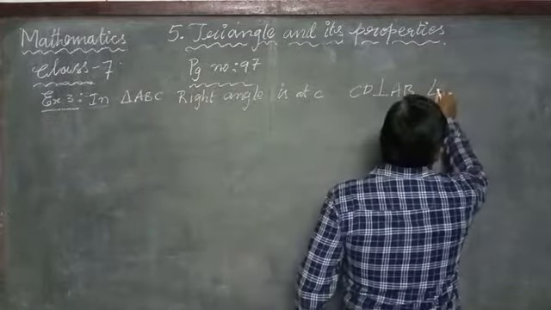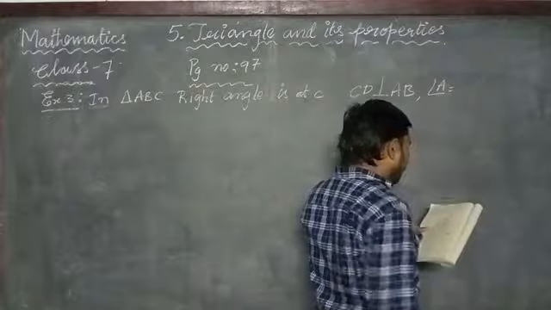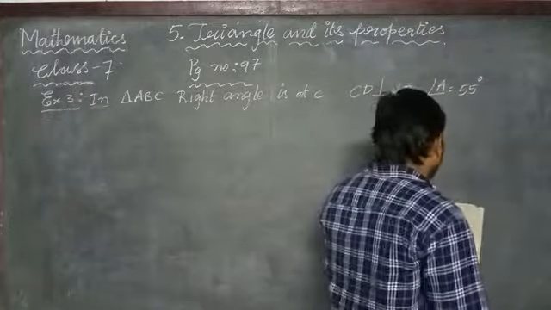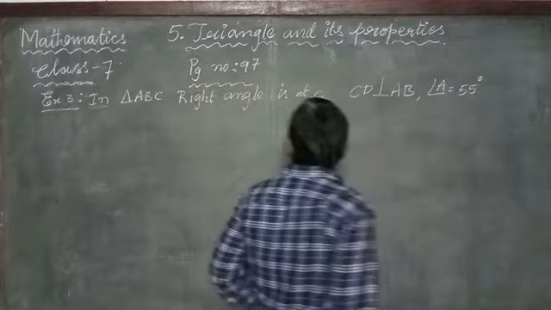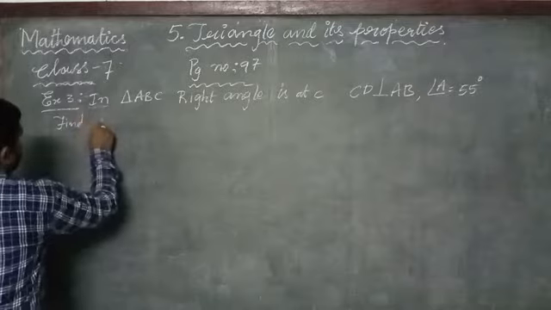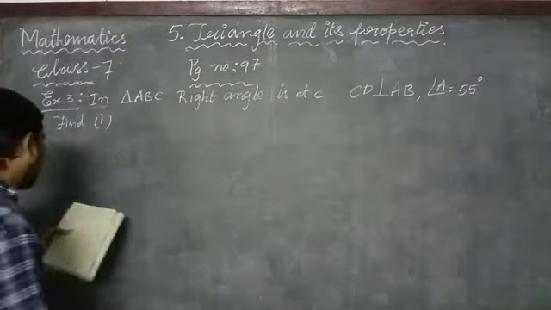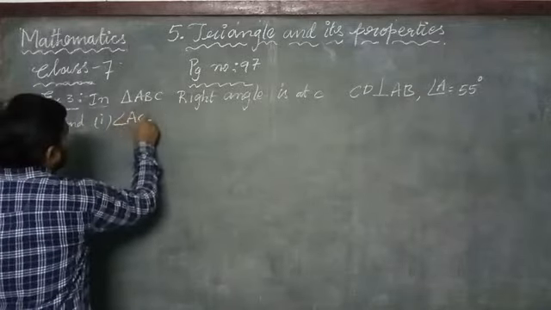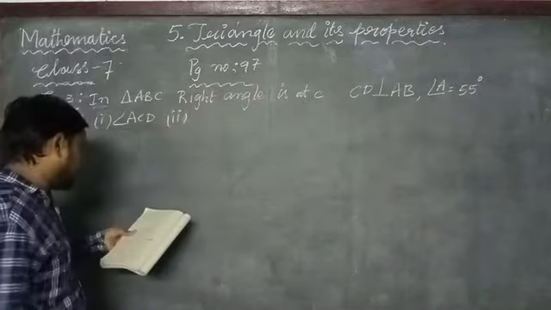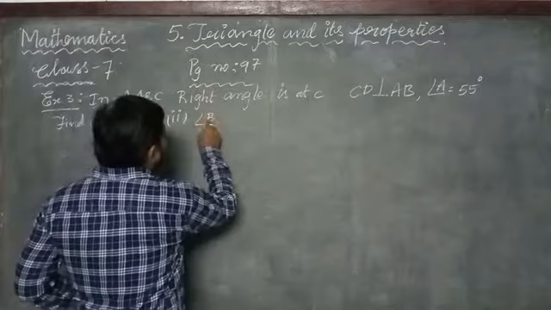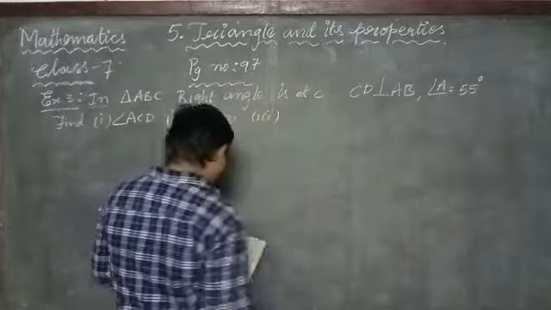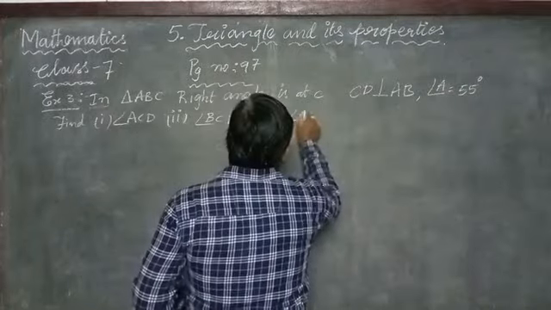Then angle A equals to 55 degrees, and find the first one, angle ACD, the second one, angle BCD, the third one, angle ABC.